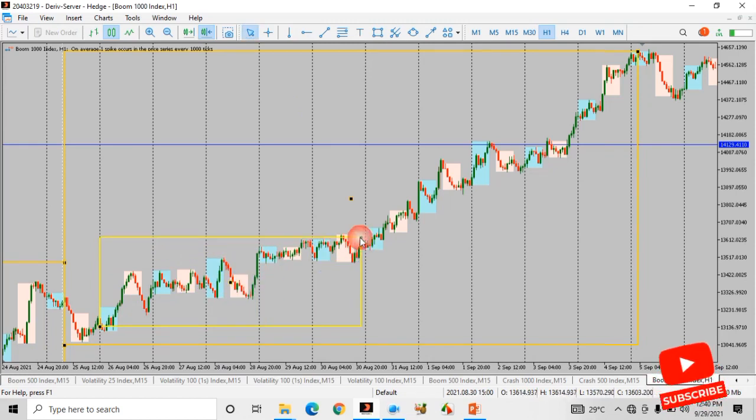And its consolidation. Then we have the second day of rise, starting from here. This one actually ended here, up to this region here.